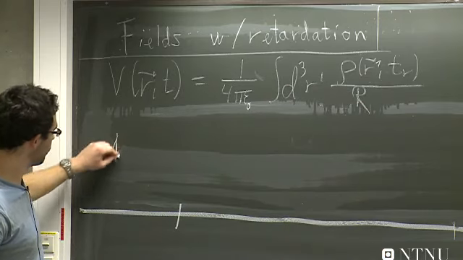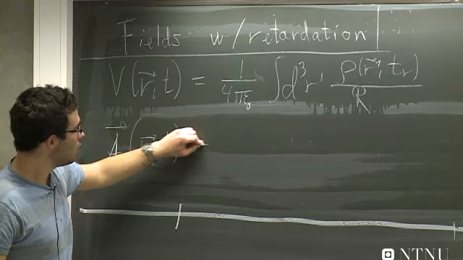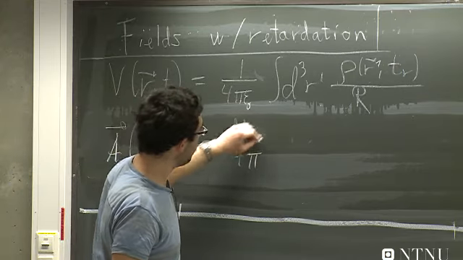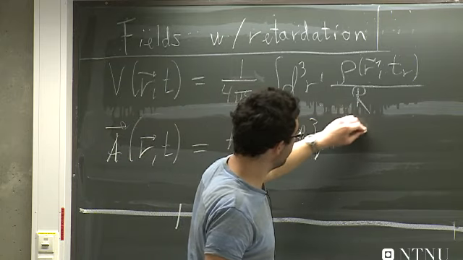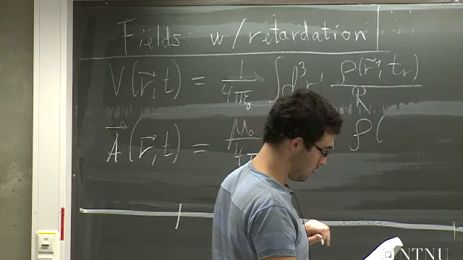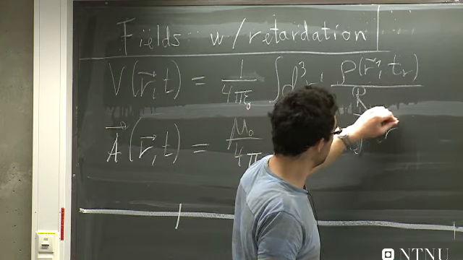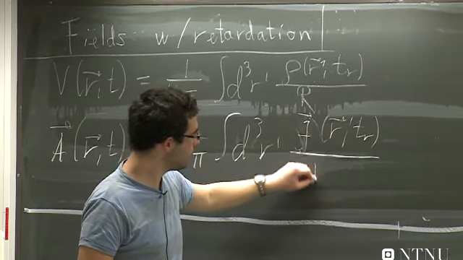And similarly, the vector potential is given by mu naught over 4 pi, and then an integral in the same form, also here at the retarded time.